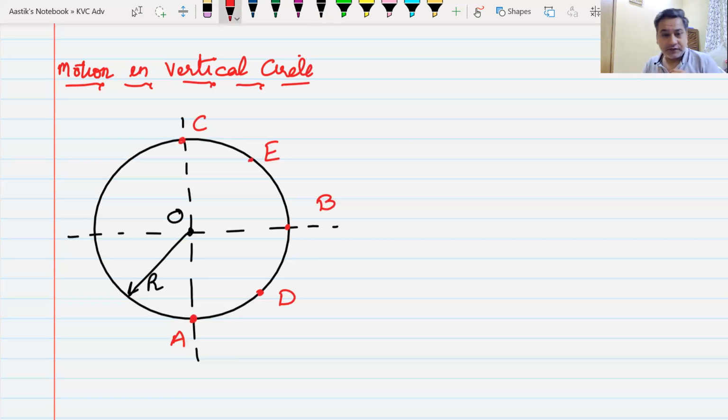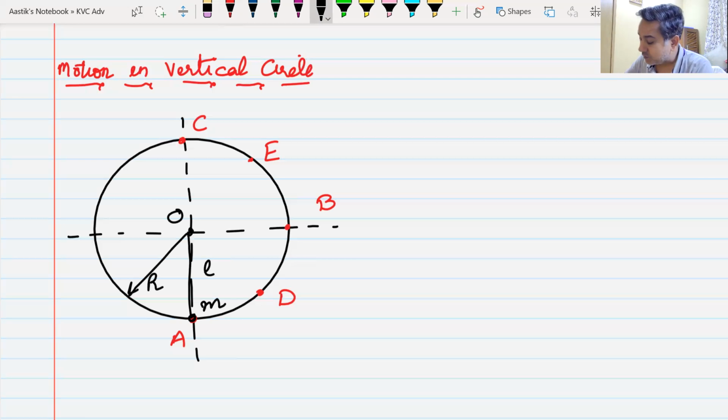Take the example of a string of length L with a body of mass M attached to it. In the horizontal circle the equations were the same at all points because the centripetal force and the other forces were all the same. But here they are changing, yes or no? Because of the different positions.